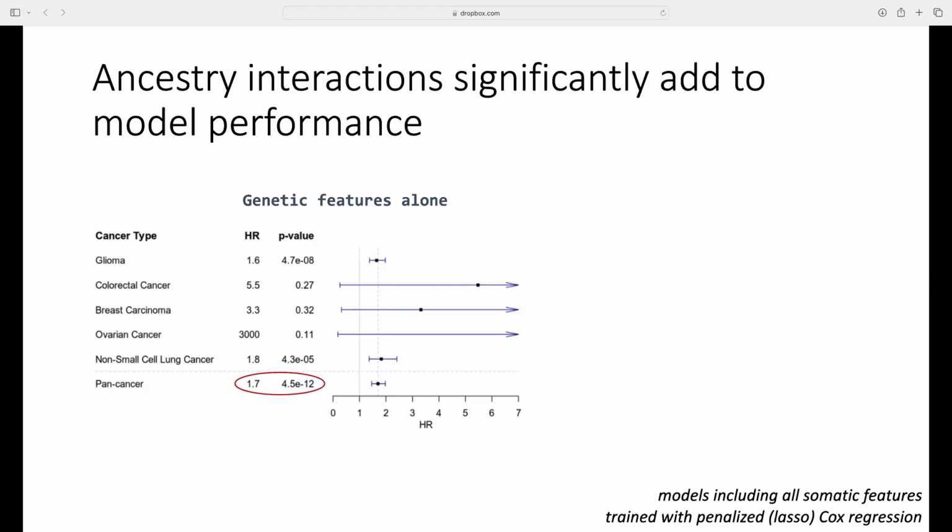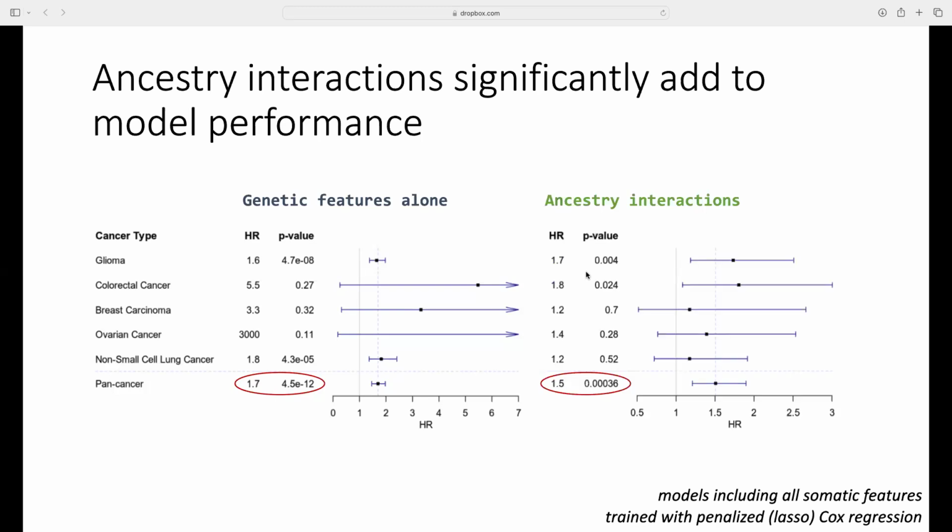So this is just demonstrating the basic point that the somatic features that you have in your tumor do correlate and are predictive of your survival outcomes. But when we bring in these ancestry interactions, we again see a statistically significant effect of this interaction component. And we see that the hazard ratio is actually pretty similar to the one that is observed for the marginal model, a hazard ratio of about 1.5 for the interaction between all somatic features and genetic ancestry in this population.